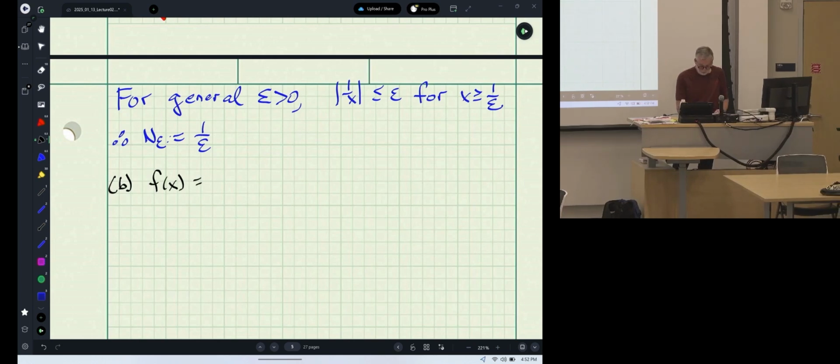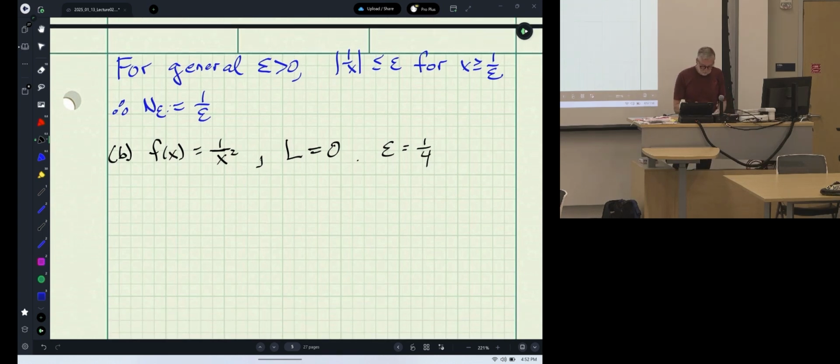Let's take f of x equals 1 over x squared this time. Once again, as x becomes large, we understand that the limit is still 0. And then I'm going to specify epsilon as a quarter, just to start with. Okay, and so we write down what we want to check. That's usually the best step. The function is 1 over x squared. L is 0.